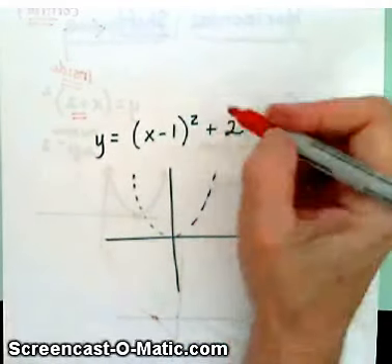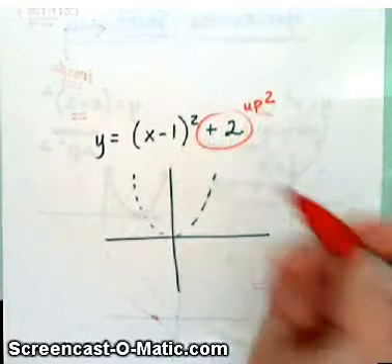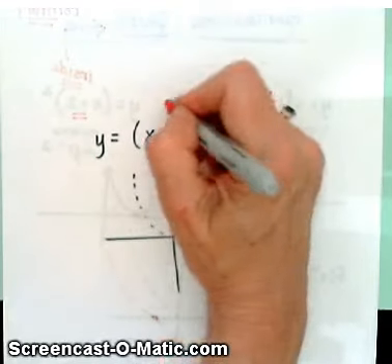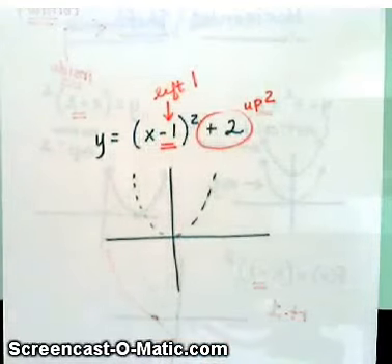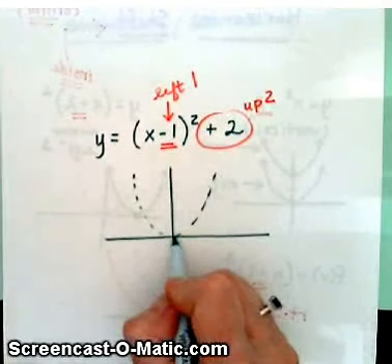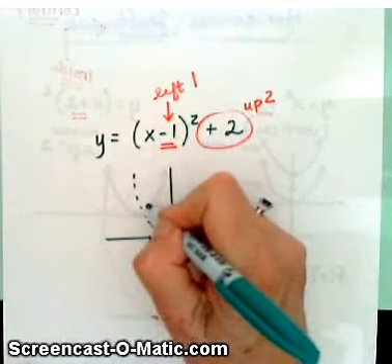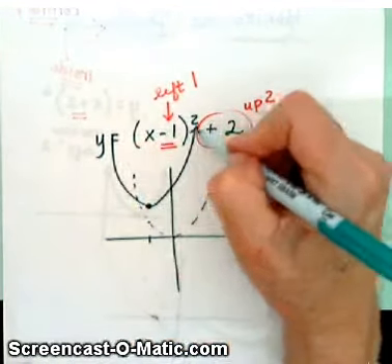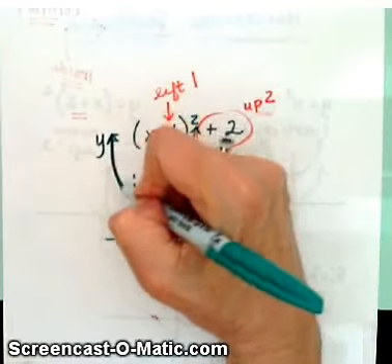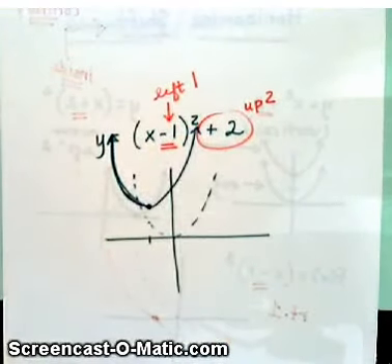This part says up 2. And this part says left 1. So basically you take this vertex at 0, 0, you shift it left 1 and up 2, and here is your new final graph. So that's horizontal and vertical shifting.